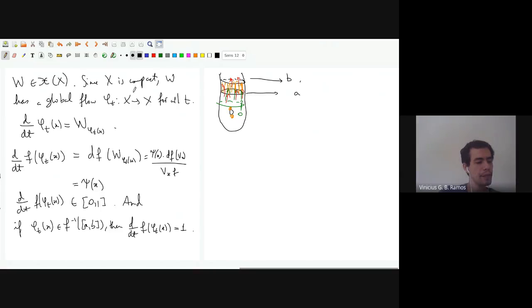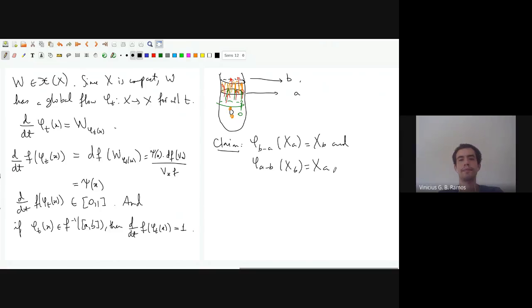So now I claim that phi b minus a of x_a equals x_b, and phi a minus b of x_b equals x_a.